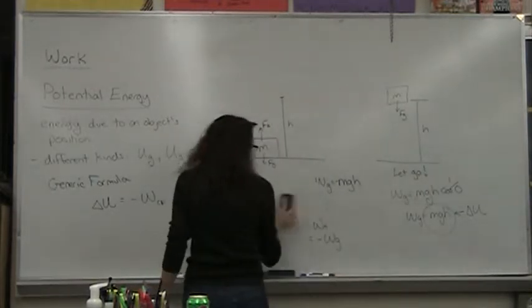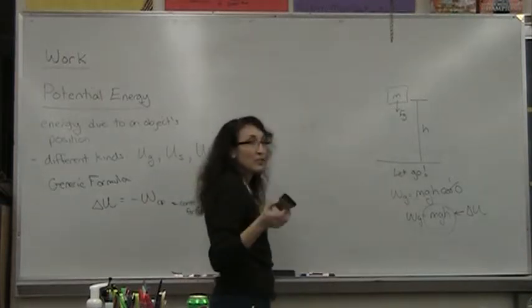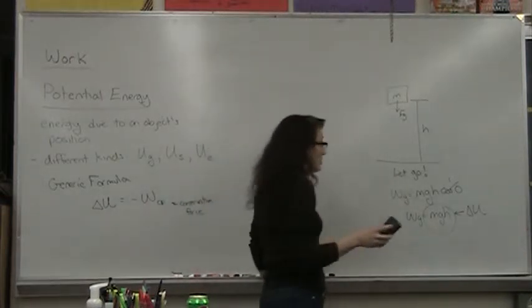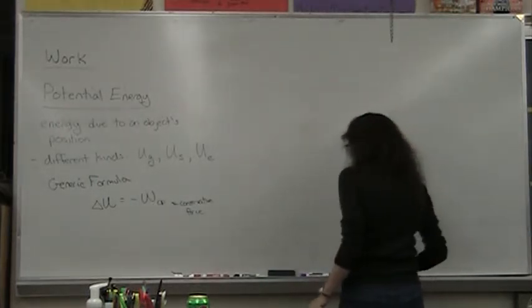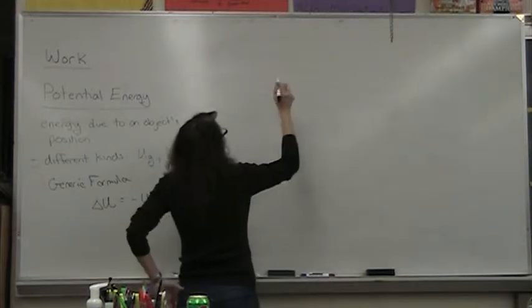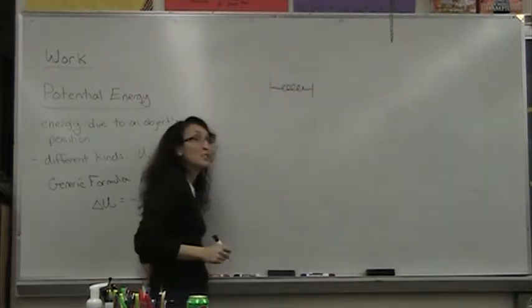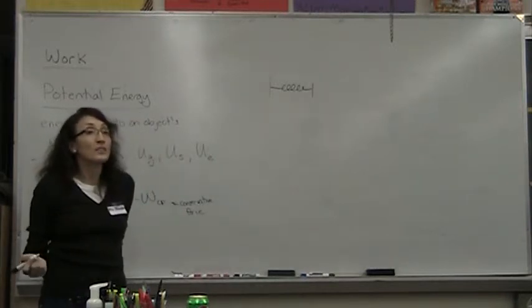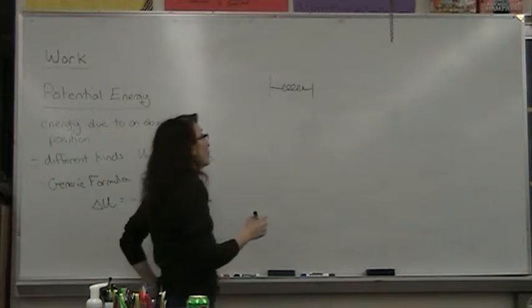So let's take a look, because remember I circled a formula earlier today? And I said this is going to come back to us with potential energy. Let's go back to that. So here's a spring. A spring is a conservative force, so it's going to have potential energy associated with it.